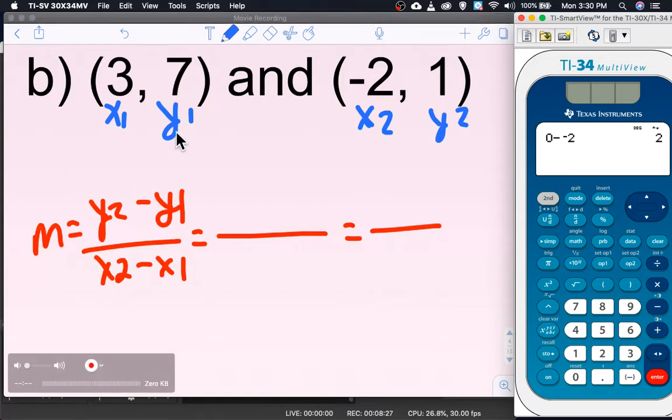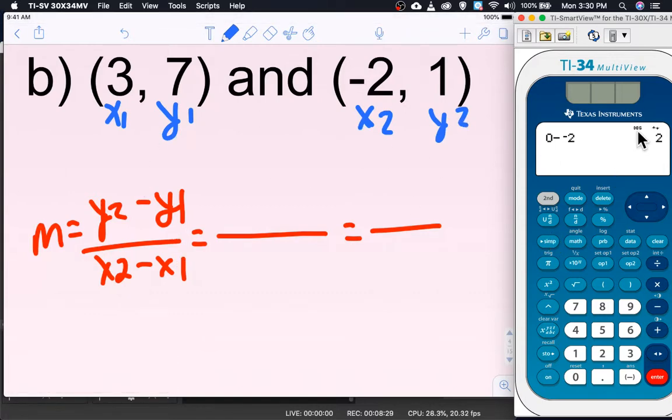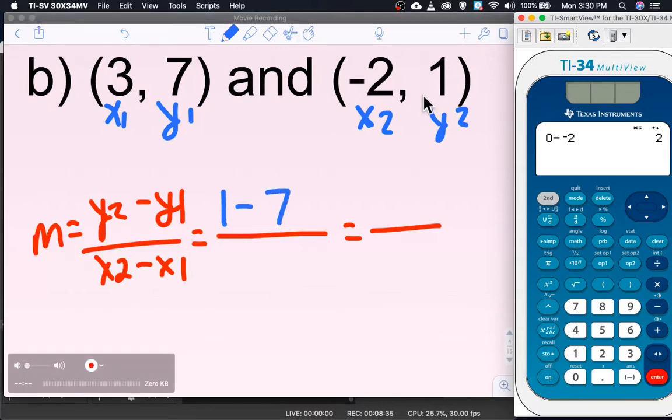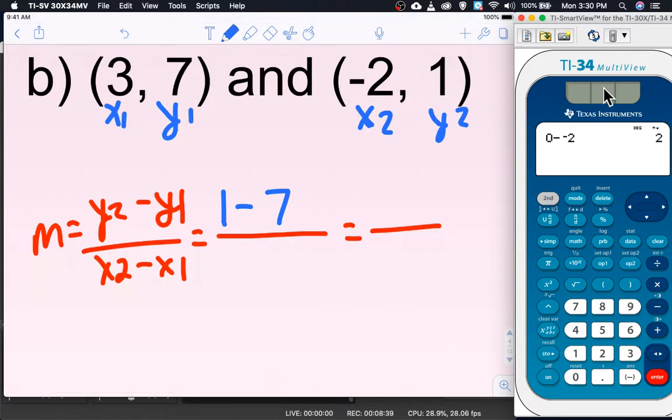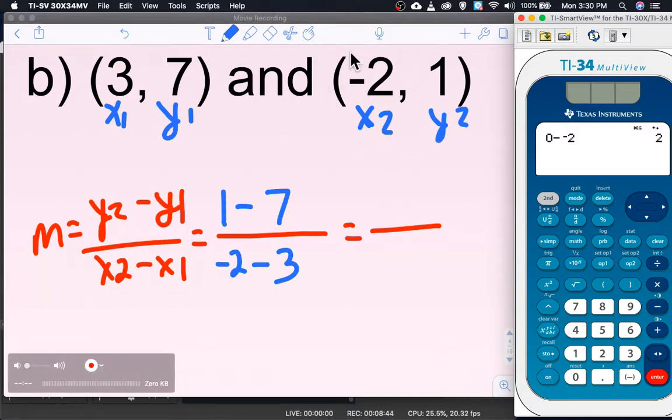So x1, y1, x2, y2. I'm going to plug those values in. y2 minus y1 over x2 minus x1.